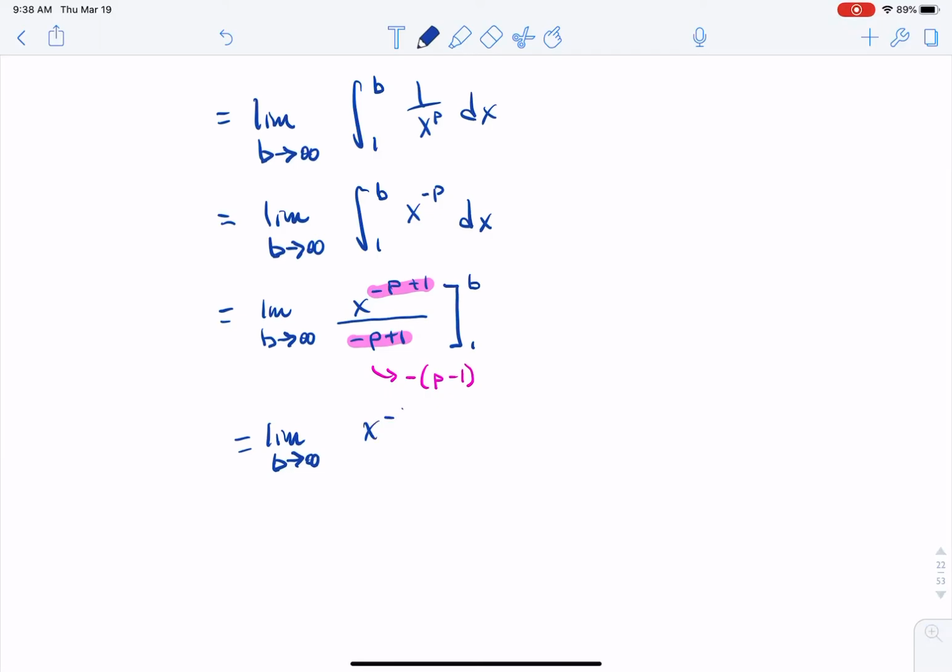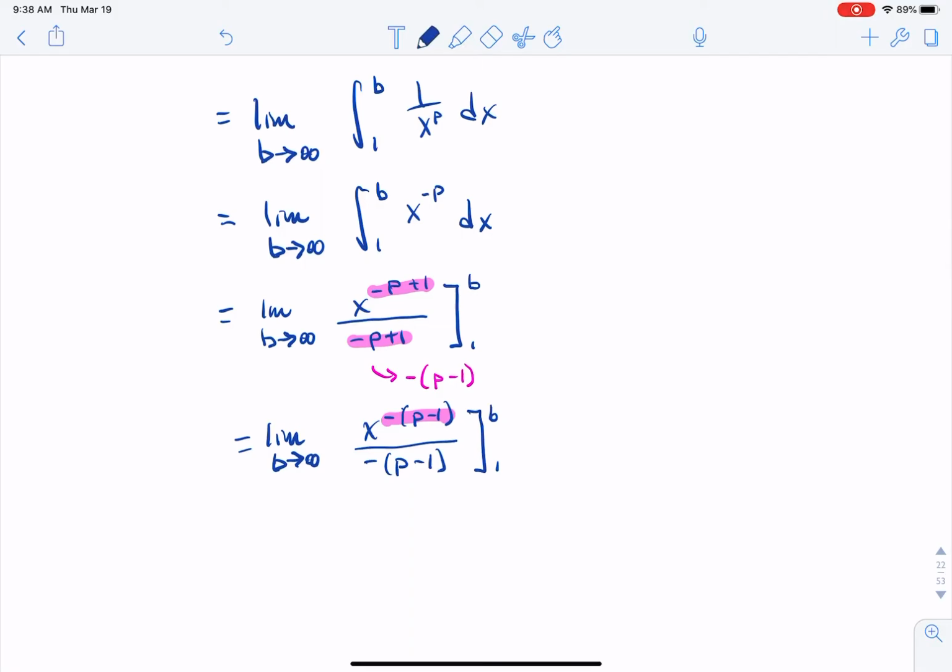X to the negative parentheses p minus 1 over the same thing, evaluated from 1 to b. Okay, again, I did that because now I've got myself a negative exponent, and that x can shoot down to the bottom.